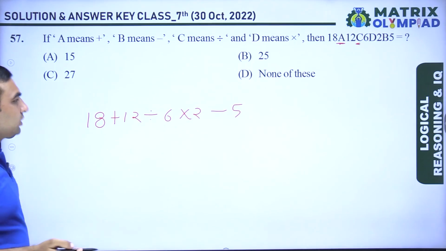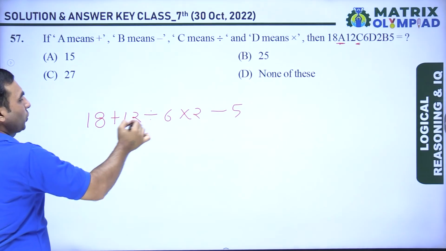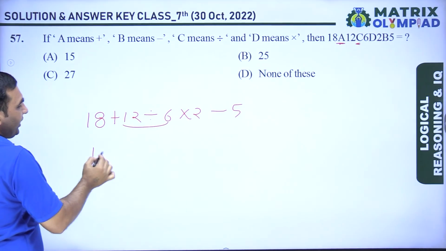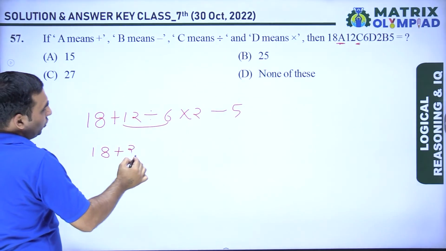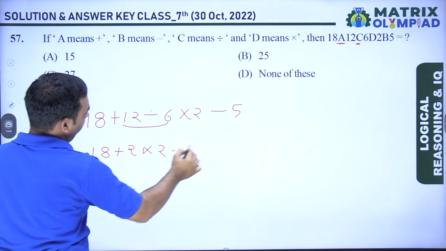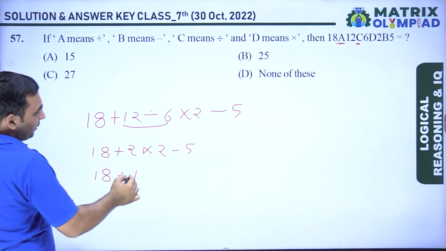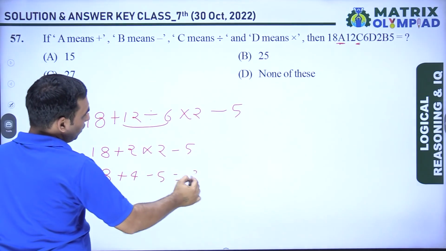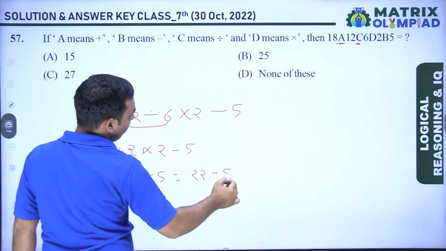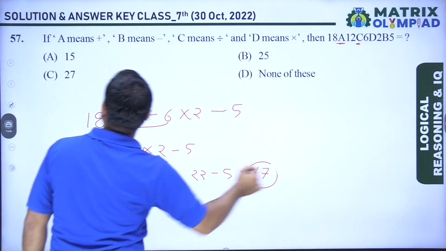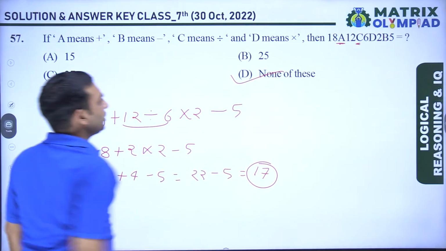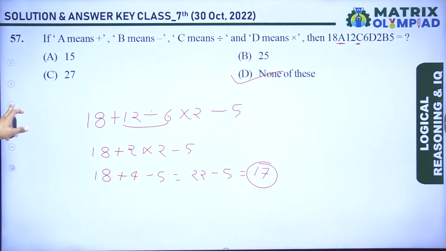According to BODMAS rules, we solve divide first. 12 divided by 6 is 2, then 18 plus 2 into 2 minus 5. 2 into 2 is 4. 18 plus 4 minus 5. 18 plus 4 is 22, minus 5 is equal to 17. Our answer is none of these. Option D is the correct answer.